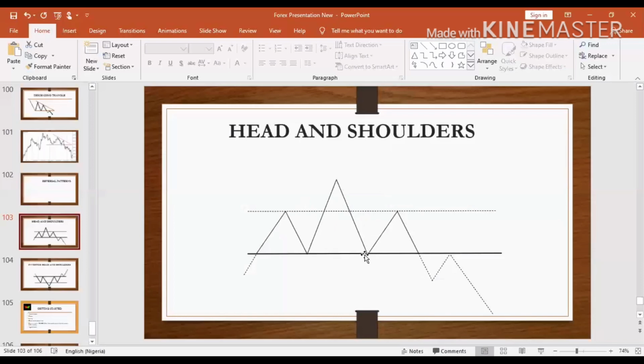Price then bounces off this support zone and goes all the way up until it hits a third resistance zone, which now becomes our right shoulder.